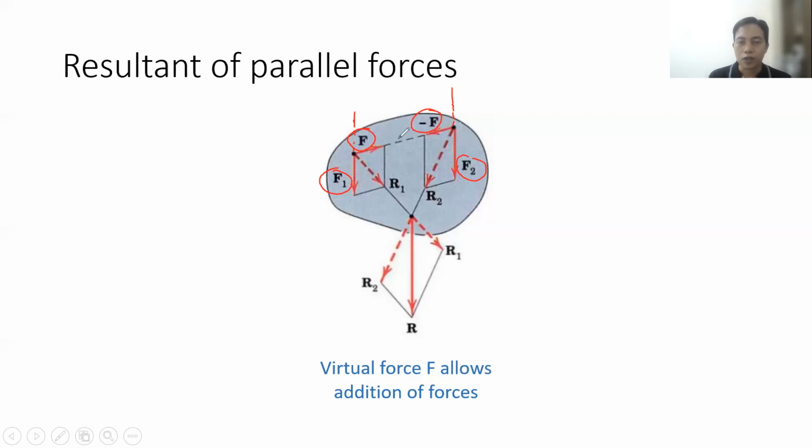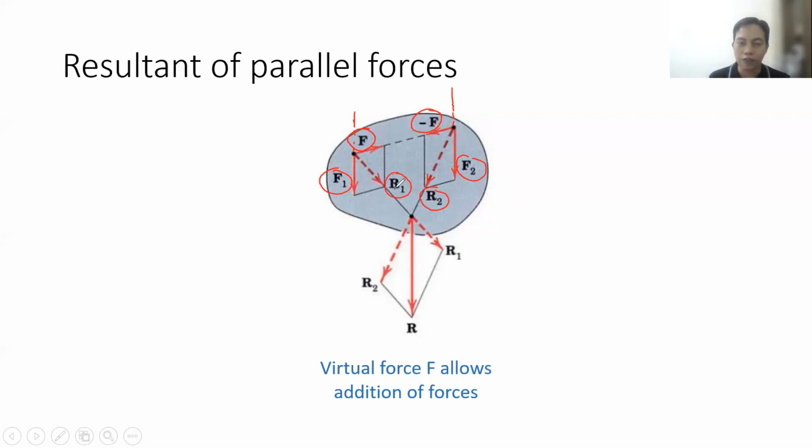So the benefit of adding this imaginary force is that we can obtain R1 and R2 from F1 and F2 respectively. Then we can see that the directions of R1 and R2 make an intersection.